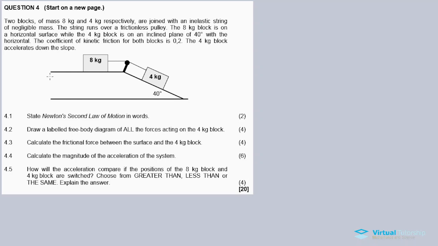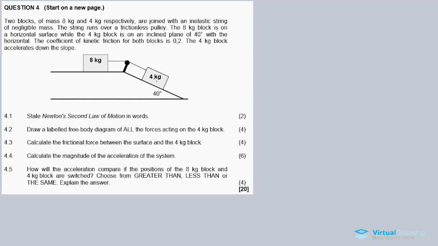Now the coefficient of kinetic friction for both blocks is 0.2. So this is the coefficient of friction, so it's common for both surfaces. The coefficient of friction between the 8 kg and the horizontal surface is 0.2.